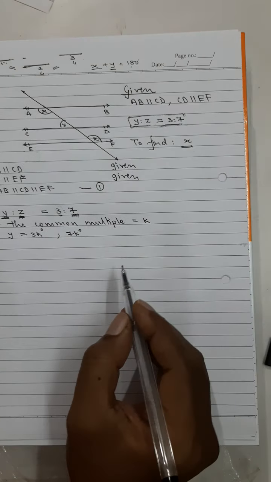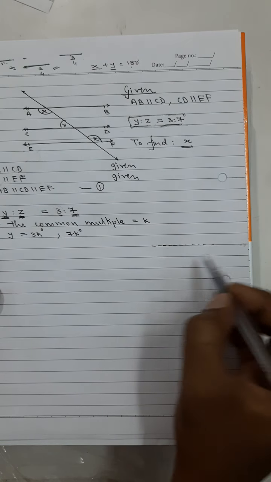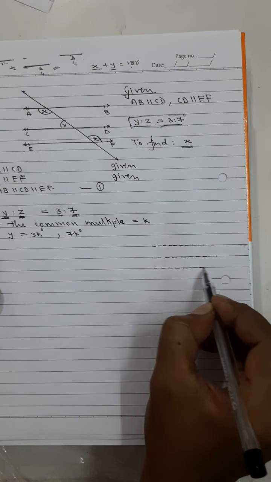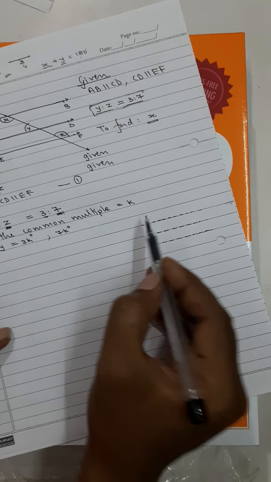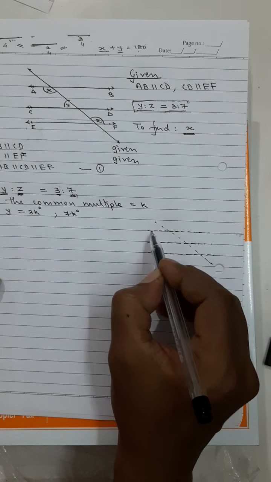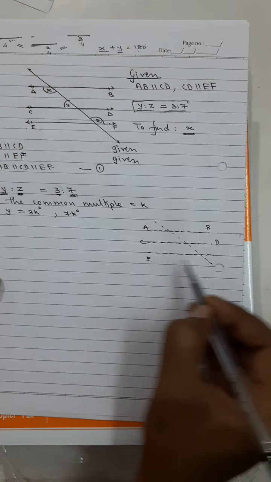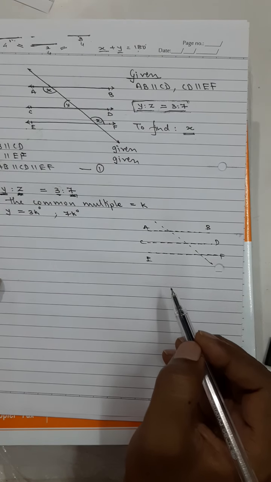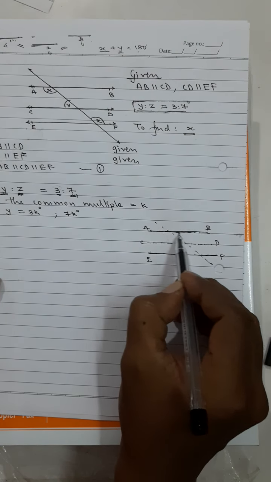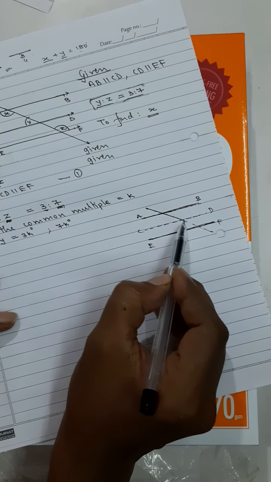This you will be getting. Now what you have to see is that, see my dear students, this is A, this is B, A, B, C, D and E, F, and then we have got this. Fine. Now if you notice this, AB parallel to EF, and this continues to be the transversal.